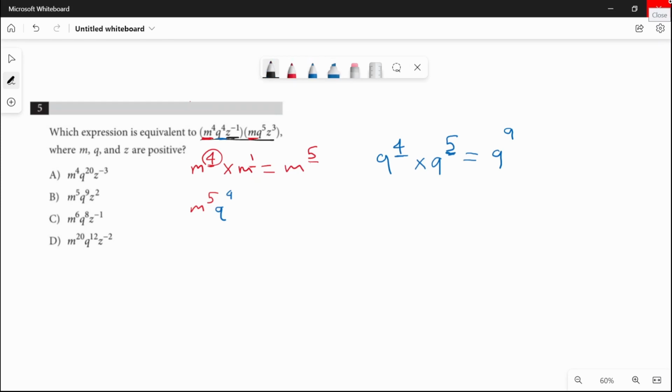For z, we have z to the power of -1 multiplied by z to the power of 3. We will add the exponents, so we will have z to the power of 2, because -1 plus 3 is equal to 2. So the third value will be z to the power of 2. And this is the same as choice number B. So B is the correct answer for this question.